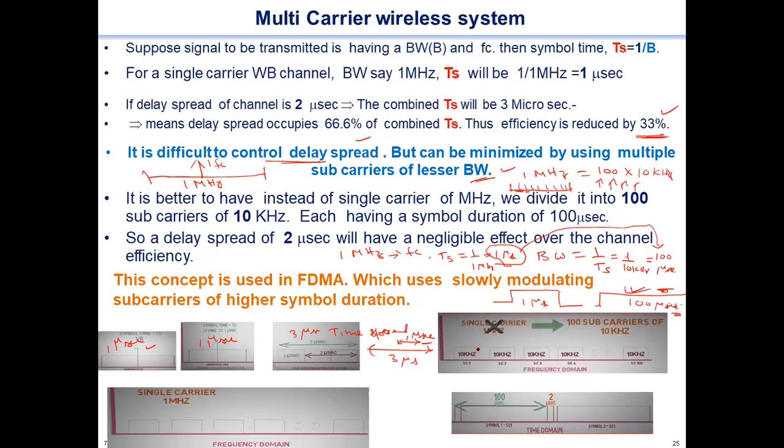Okay, so this is what I did. The total frequency band is divided into a number of chunks like this. Here 1 megahertz is divided into 100 subcarriers of 10 kilohertz, whose bandwidth is reduced. Bandwidth is reduced, but symbol period is increased. So this concept is used in FDMA, which uses slowly modulating subcarriers at a high symbol duration.